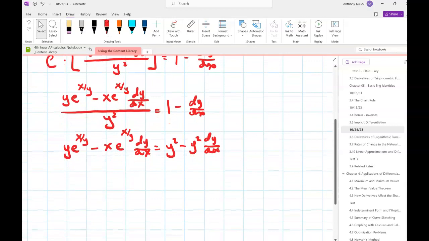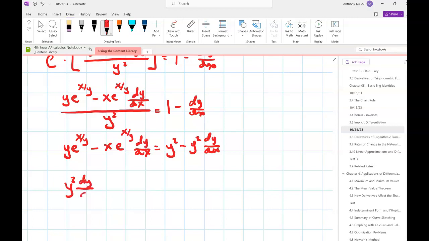And so now I'll add the y squared dy/dx to both sides to move it to the right-hand side. And I'll subtract the y e to the x over y from both sides so that I have only stuff with dy/dx on the left.